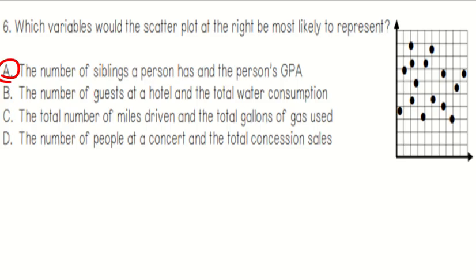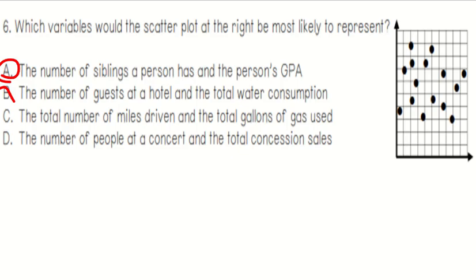B says the number of guests at a hotel and the total water consumption. You would imagine the more guests at a hotel, the more water they would use, right? Fewer guests, less water usage. So that would probably be a positive one. So that one won't work. C says the total number of miles driven and the total gallons of gas used.